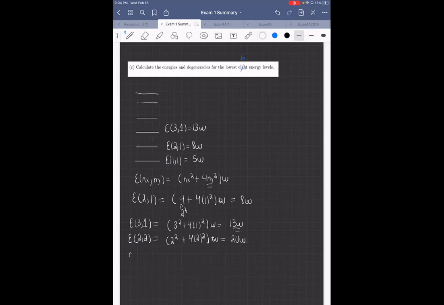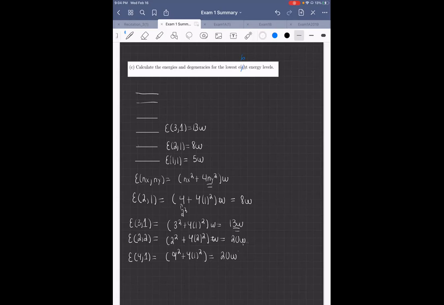The next one is E of, let's try 4, 1 this time. And this is going to be 4 squared plus 4 times 1 squared. And that's going to be 16 plus 4, which is 20W. And these are both degenerate energy levels.